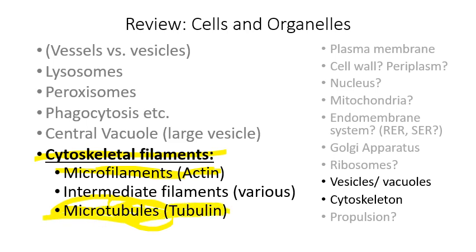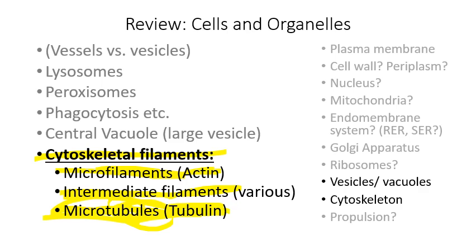Microtubules are made of tubulin. Microtubules are the largest of the cytoskeletal filaments. They are approximately 25 nanometers in diameter, so they're more than twice the size of the microfilaments. And then in between, we have filaments of intermediate size, and we literally call those intermediate filaments. And they are 10 to 12 nanometers in diameter.